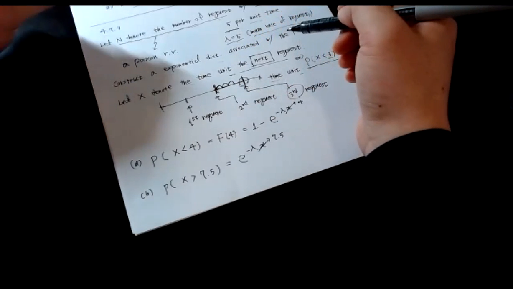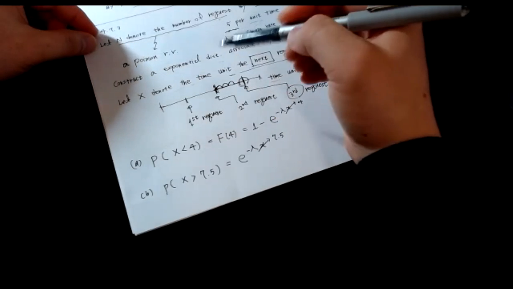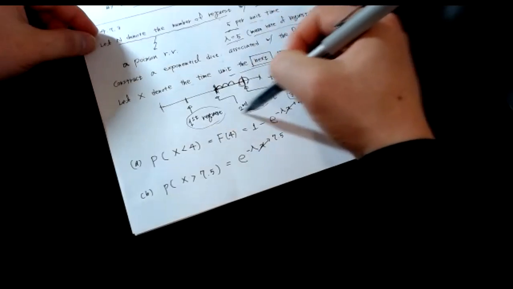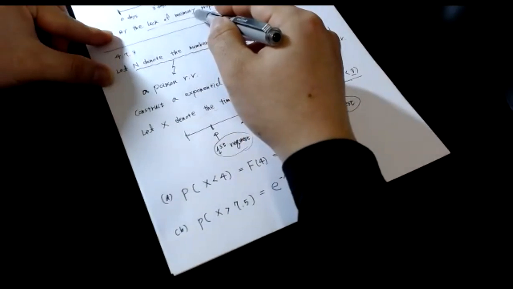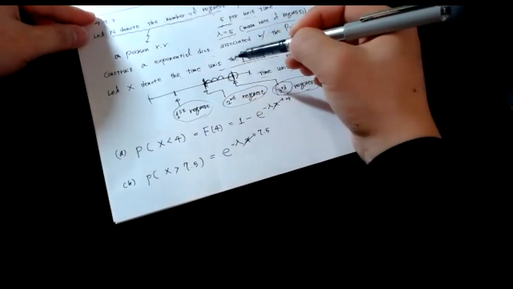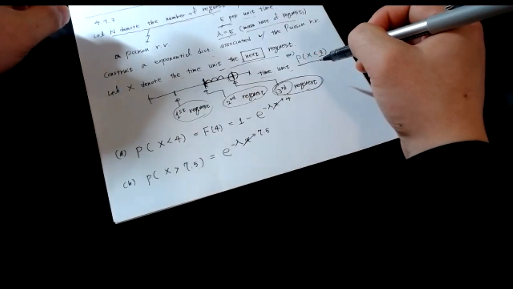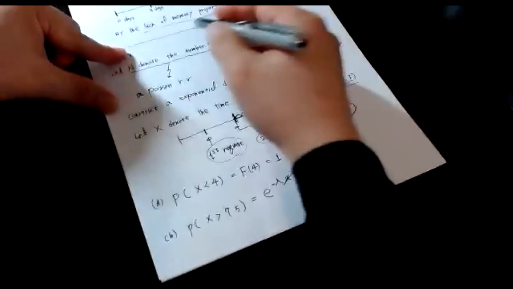I also want to make sure that each request can be considered as a first request because of the lack of memory property. Once the second request has occurred, we can consider the third request as a first request.